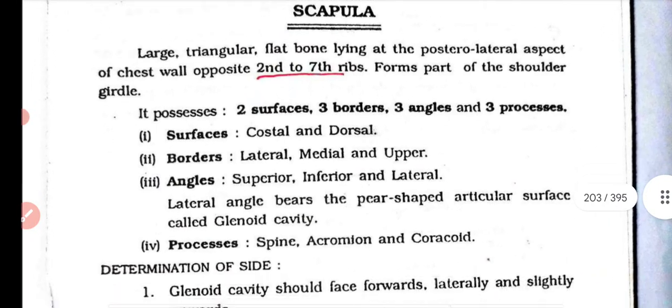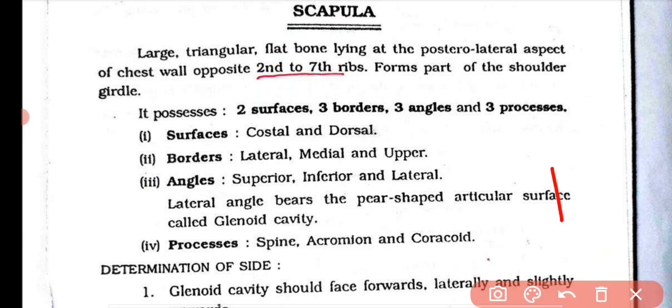Now comes the main point: the scapula possesses two surfaces, three borders, three angles, and three processes. What are the two surfaces? The costal surface and dorsal surface.